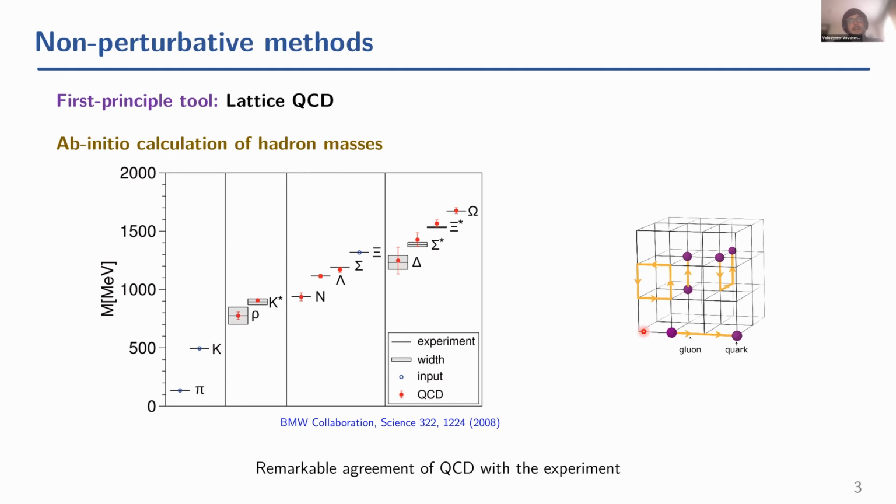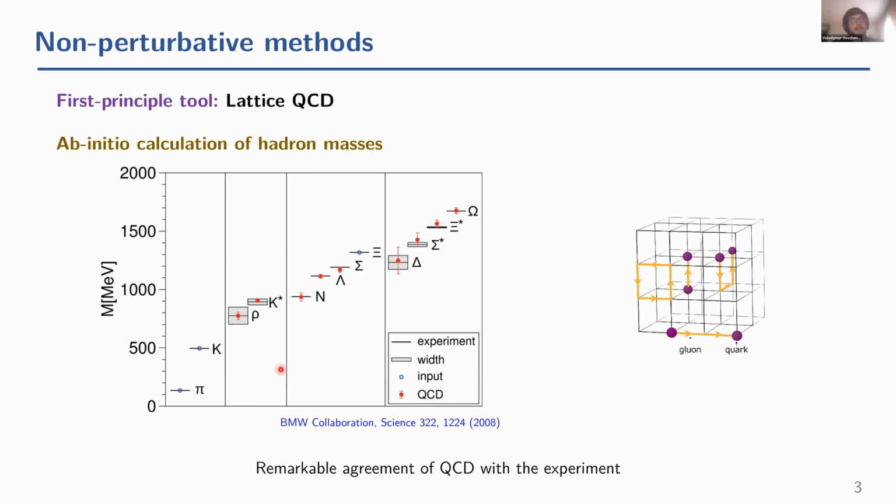And there are lots of interesting technical details on how to do this, but I will forgo these details and only highlight one of the most remarkable results from lattice QCD, which gives strong evidence that QCD really is the correct theory. And this is the calculation of the hadronic mass spectrum from first principles.